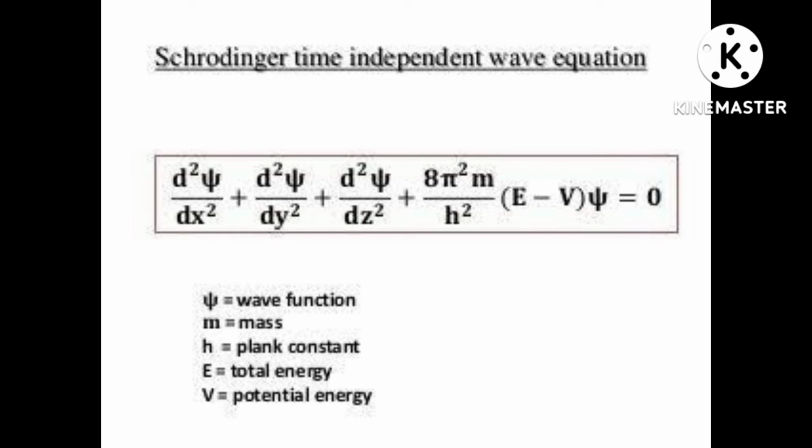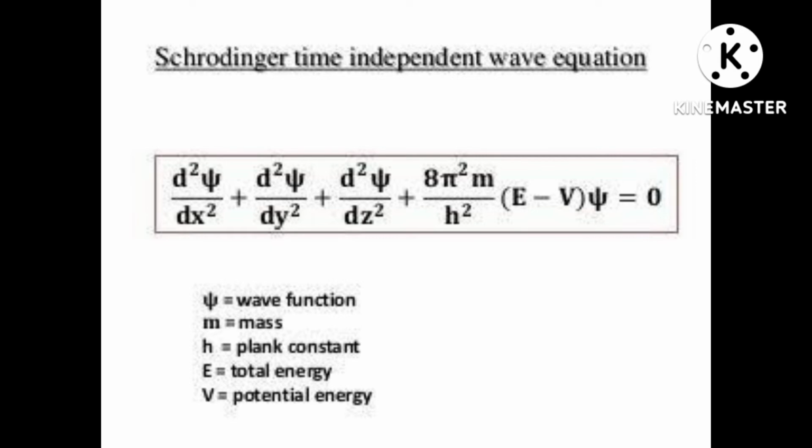Wave function of the electron associated with each energy level. Here again I want to tell you, this psi, which is called wave function, is related to each energy level. Suppose 4-5 energy levels are there, then for each energy a psi value will be there.